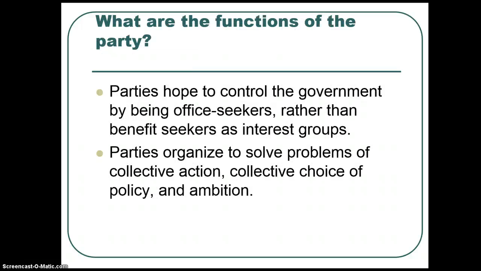The functions of the party, basically the party is trying to help office seekers win elections. So they're organizing to try to get somebody elected, and then once they get that person elected, solve the problem or a problem when they take that office.